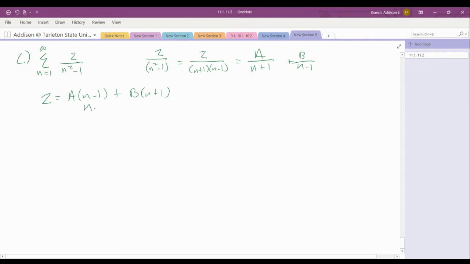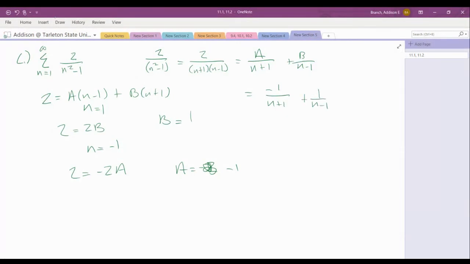If we do n is equal to 1, we eliminate A and we get 2 is equal to 2B, so B is equal to 1. If we do n is equal to negative 1, we get 2 is equal to negative 2A, so A is equal to negative 1. So now we can say that this is going to be negative 1 over n plus 1 plus 1 over n minus 1.